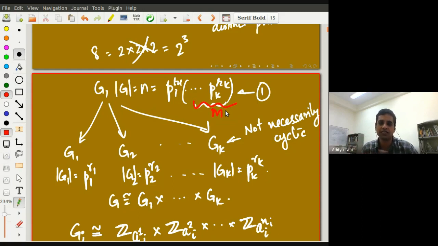So using induction, you can decompose that subgroup also into two smaller subgroups and keep on doing the same. So that is basically your first step. This was, I don't remember the number, it was 38, I believe. Let's just check.